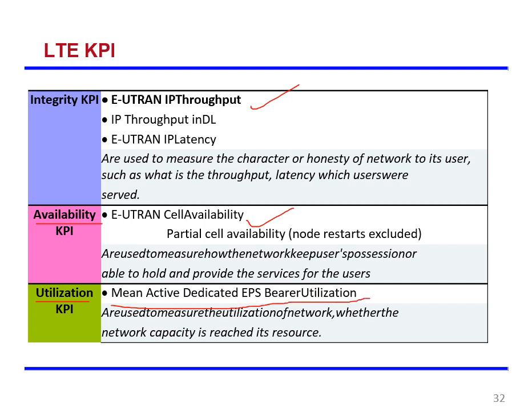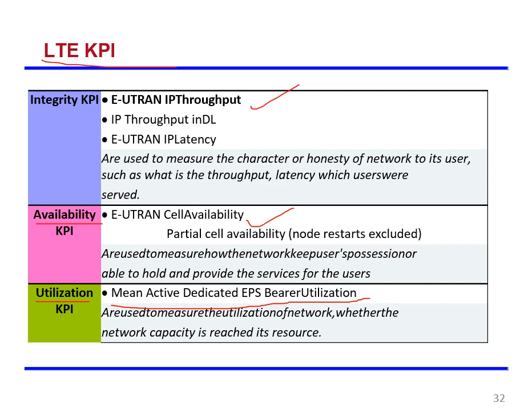EPS bearer utilization. So this is another important parameter that is specifically there in the LTE KPI. What is EPS? EPS stands for Evolved Packet System. Evolved Packet System is end-to-end. An all-IP network is called Evolved Packet System. In LTE, one of the features is that it is an end-to-end full IP network.